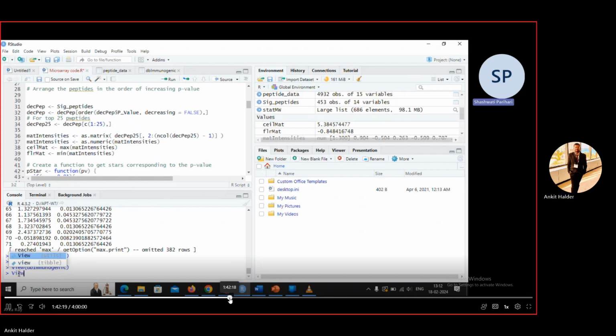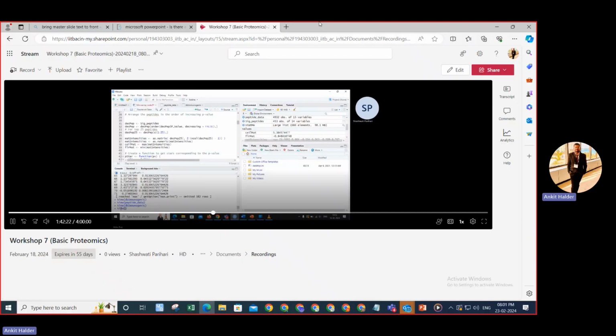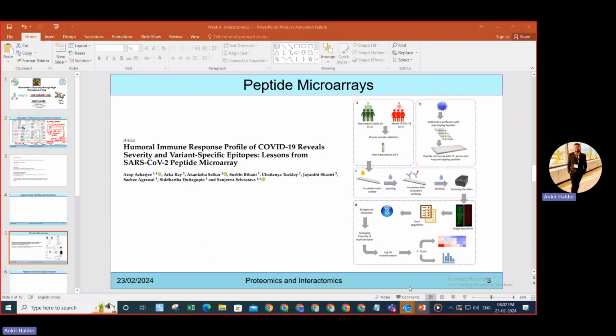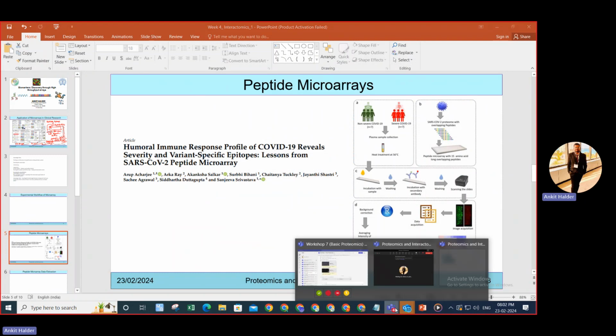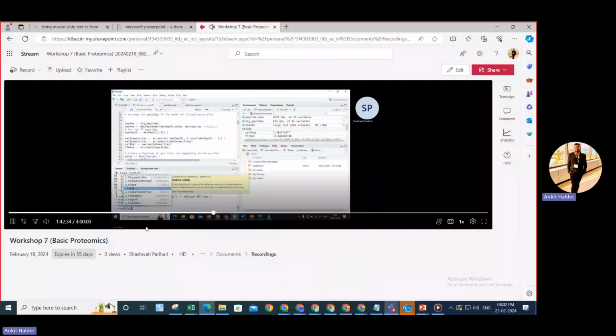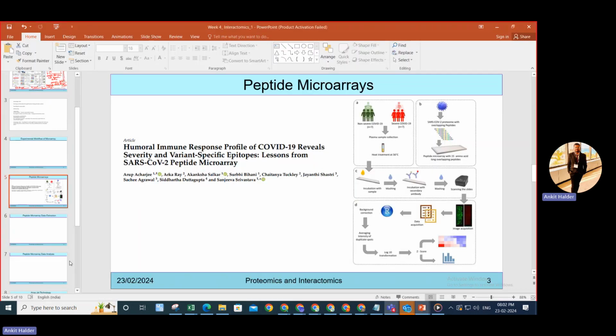What is the first one? So basically, what I can say here is that you can try this kind of analysis. You can see the database itself. So basically, you can try to do this.